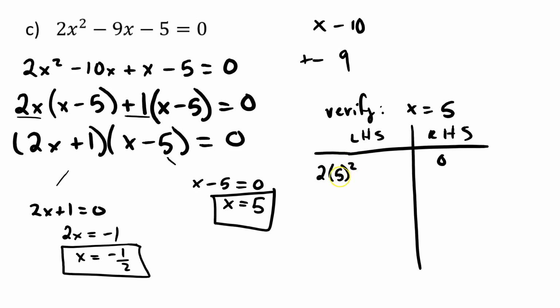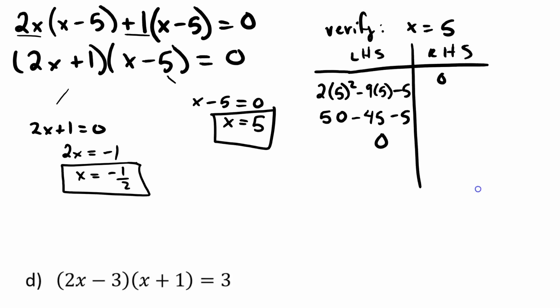Because we want to do the exponent first, minus 9 times 5 minus 5. So here I have 2 times 25, which is 50. If that was too fast, come and talk to me, because I can definitely help you out with that. Minus 45 minus 5. Negative 45 minus 5 is -50. 50 minus 50 is 0. Woot! Left-hand side equals right-hand side.